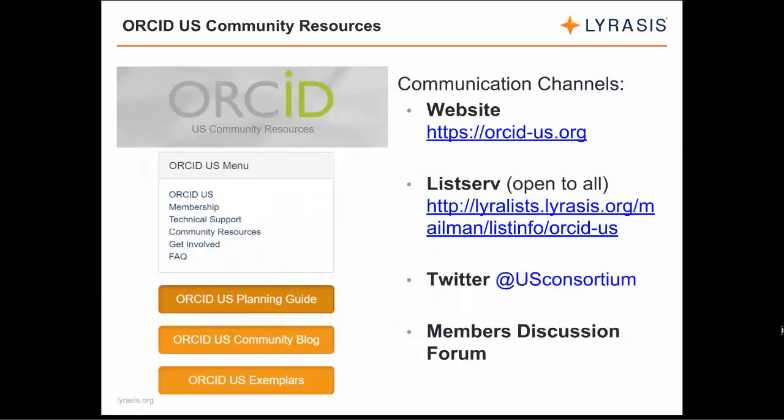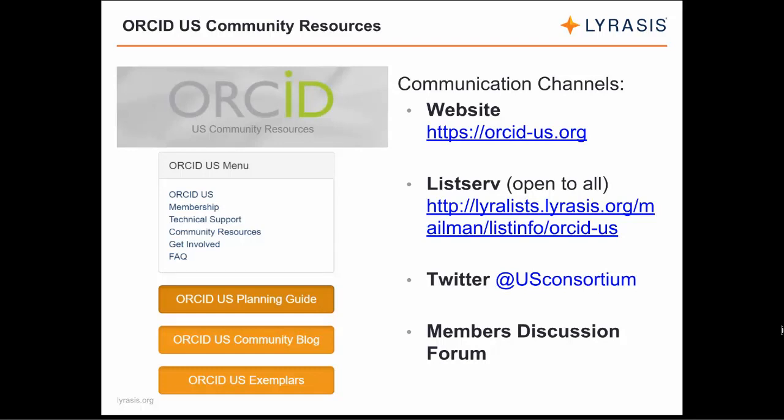In addition to the ORCID US community website, we also have a listserv that anyone can join, both members and non-members, so you can stay in the loop with what's going on with ORCID in the US. We also have Twitter, so please feel free to follow us.